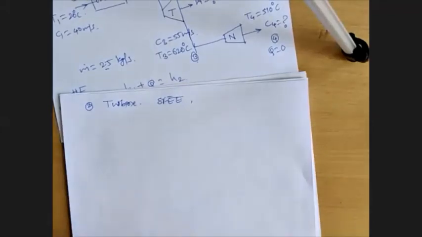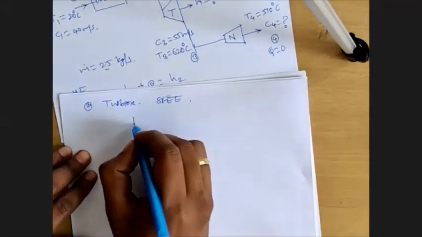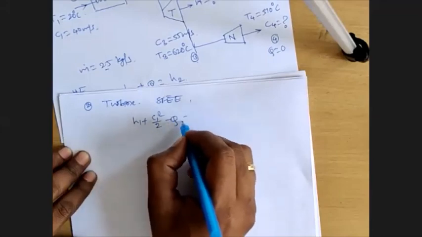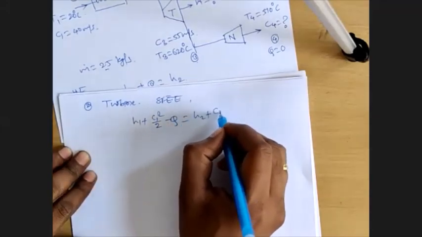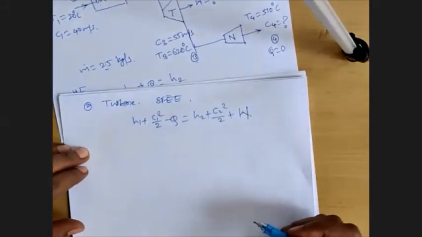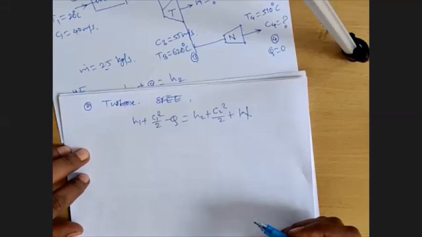H1 plus C1 square by 2 minus Q is equal to H2 plus C2 square by 2 plus W. Is that correct? Yes, sir. Okay.